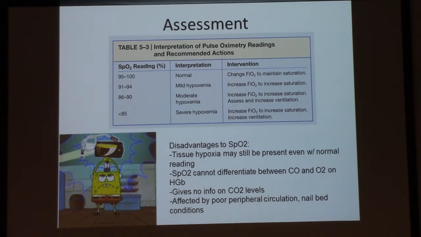Same thing if they're hypovolemic from hemorrhagic shock. You might also have carbon monoxide. Remember, carbon monoxide has a 200 times greater affinity than oxygen and is going to attach to those hemoglobin a lot faster.